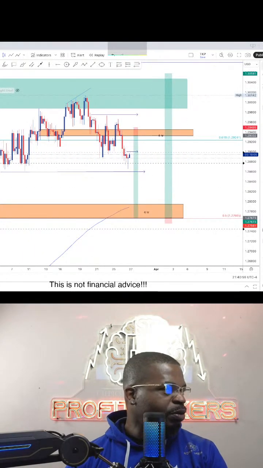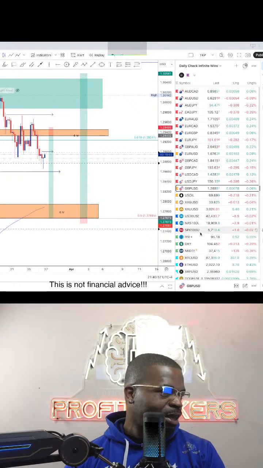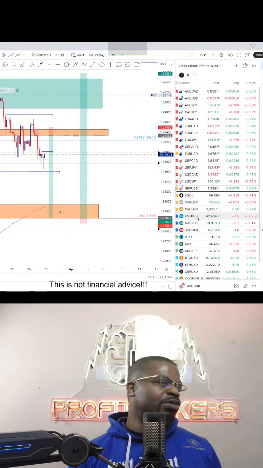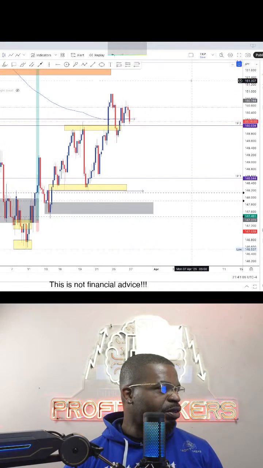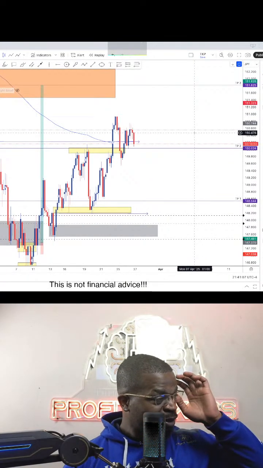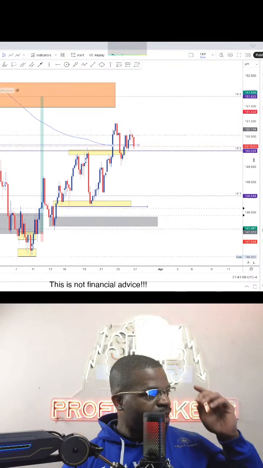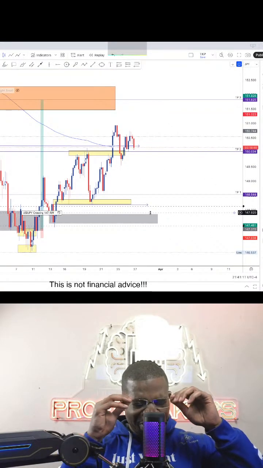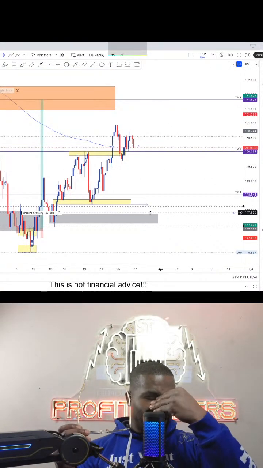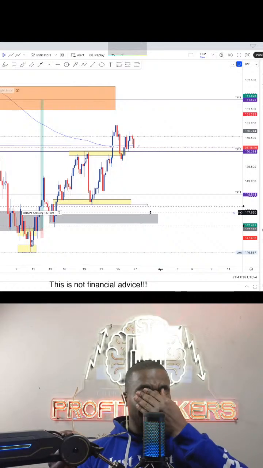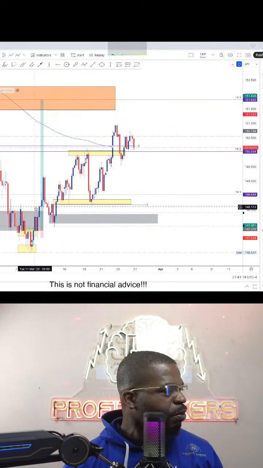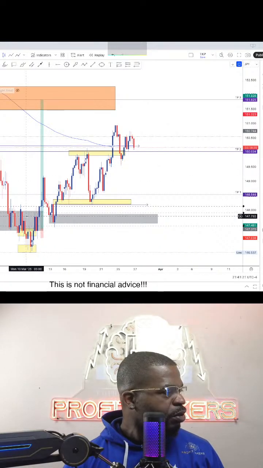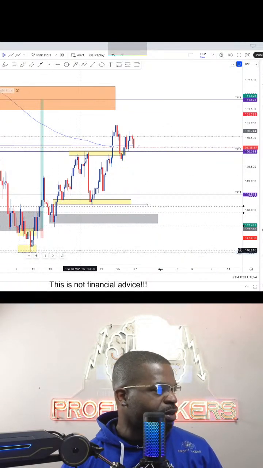All right, so we got S&P 500, NAS 100, US 30, gold, oil, pound USD. Let's do USD JPY. So same thing. We caught a really nice buy on USD JPY at the lows. This thing was already retested.